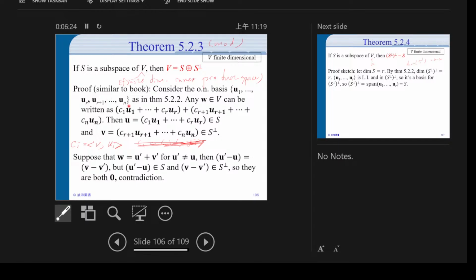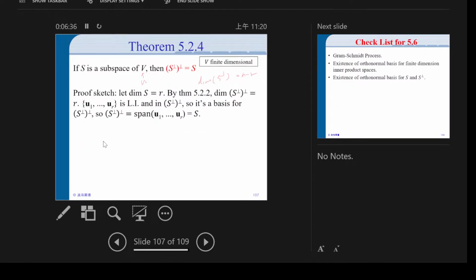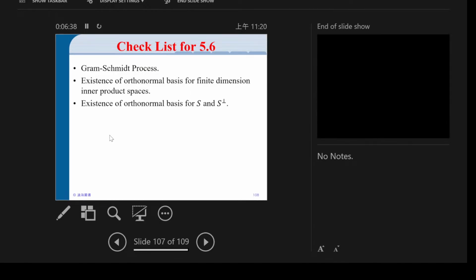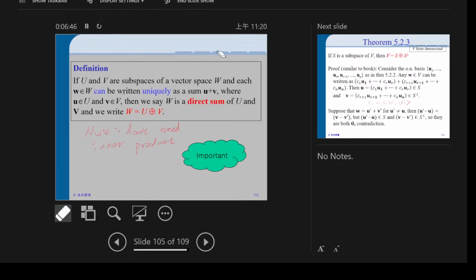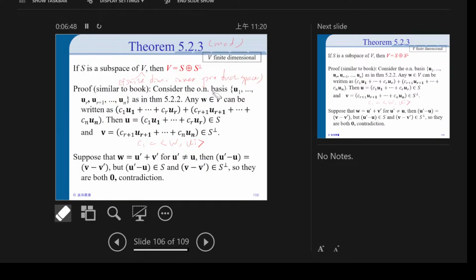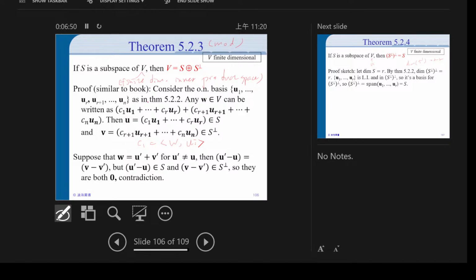Then we see that the first part is in S and, sorry, I guess I messed up. I have W equal to U plus V, so actually it's W here. Sorry for the confusion. So we have a W and a U, V. We want W equal to U plus V. So this is W, and this is Ci, and Ci equals W inner product with Ui.